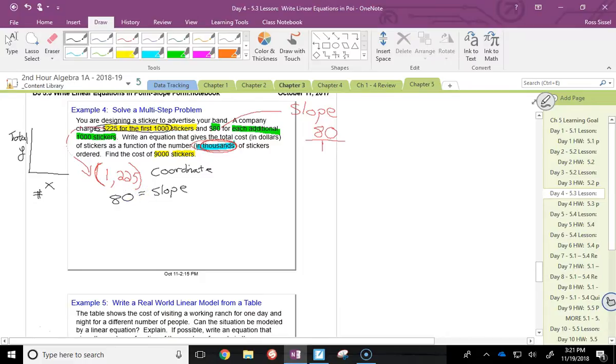So we can go ahead and write our equation out. I'm going to rewrite this all the time just so I can always use it as a reference and we memorize it. y minus y1 equals m parentheses x minus x1. We go to solve this. y minus 225 equals, our slope was 80, x minus x1 was 1.